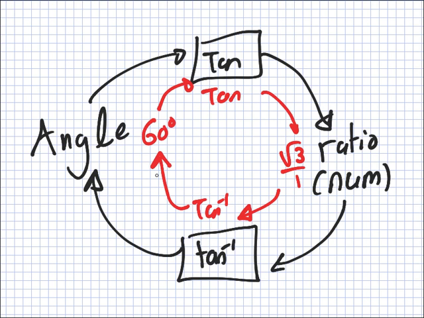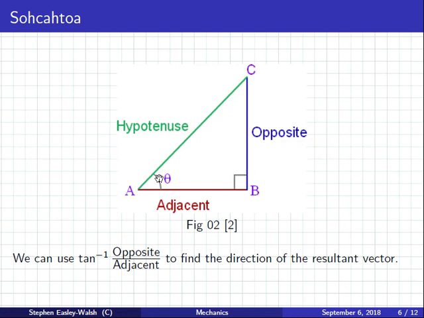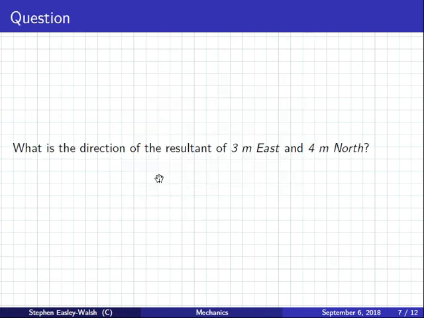Okay, right, that's okay? Now let's see. Use your calculator. Tell me the angle, the direction here: 3 meters east and 4 meters north. What's the angle?